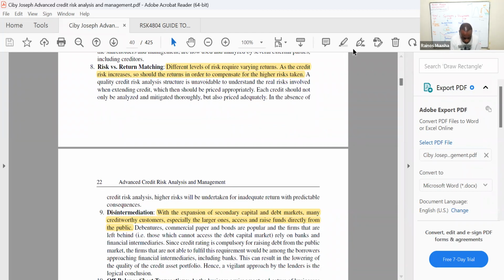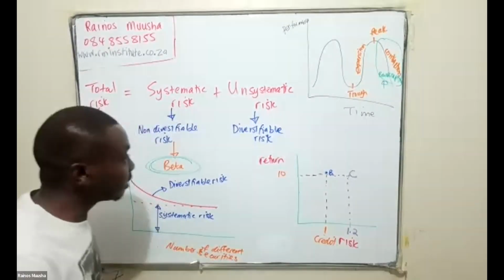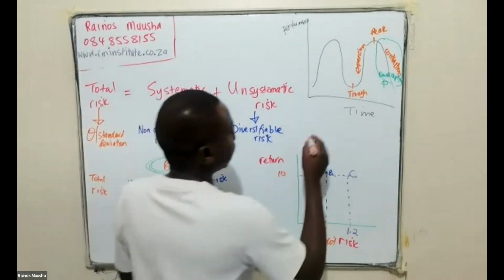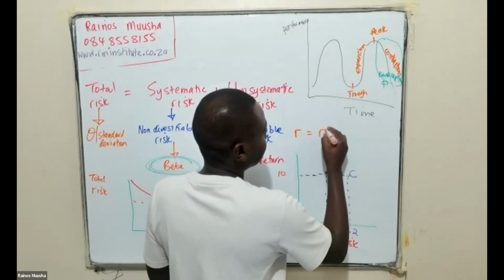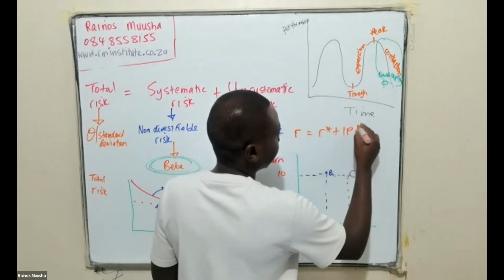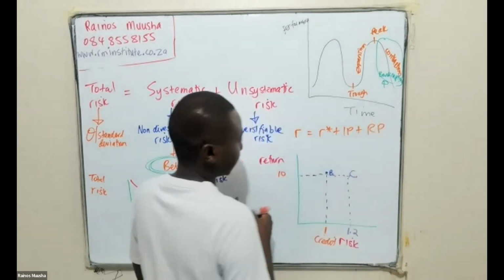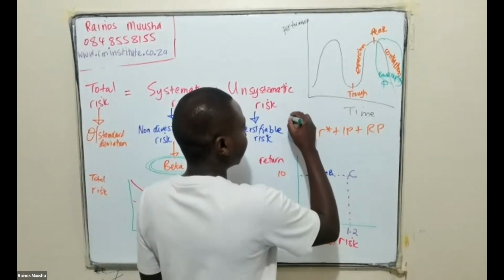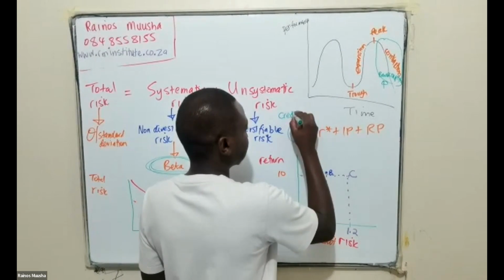That's why when you look at pricing of the credit asset, we say your nominal rate of return is given as the real rate of return plus inflation premium plus risk premium. So your nominal rate of return is basically the credit price.